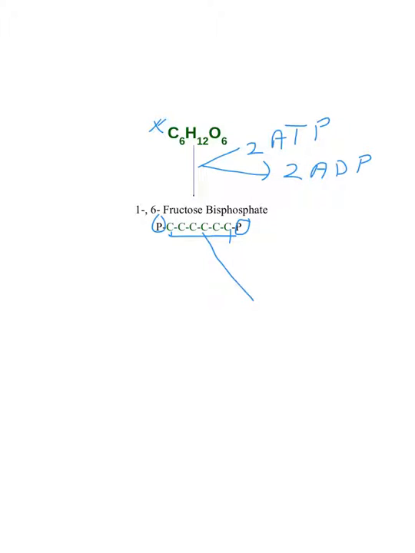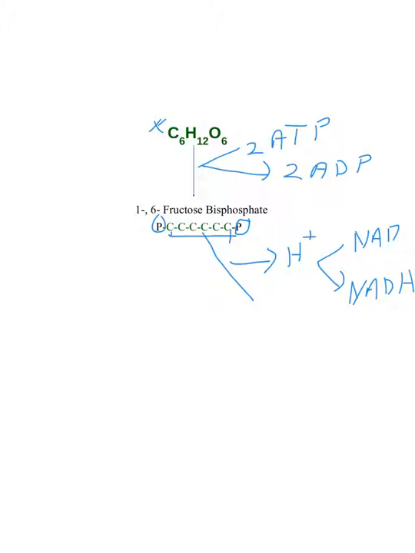But before we do that, we need to separate a hydrogen out. So we're going to remove a hydrogen here. And that hydrogen is going to get picked up by NAD to make NADH.